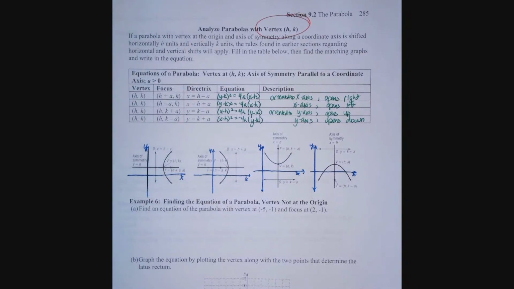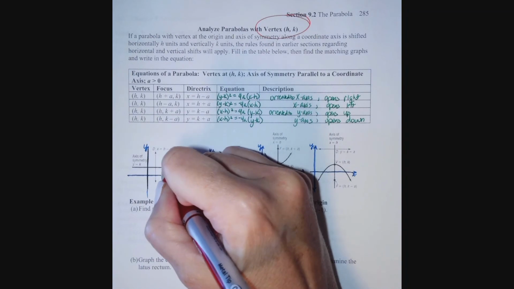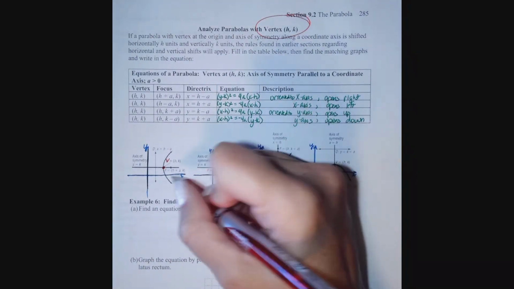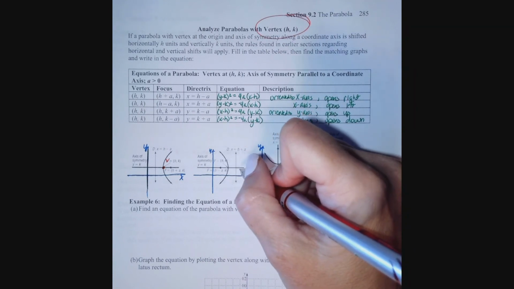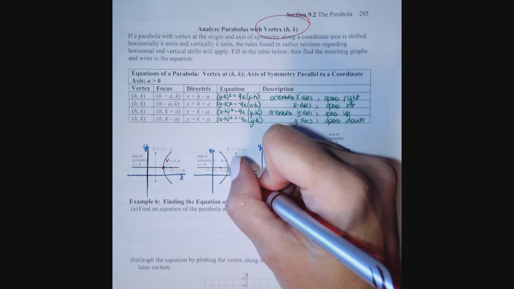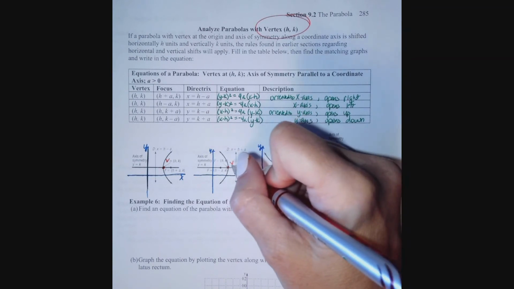Okay, I have 4 different equations for parabolas where the vertex has been moved away from the origin. Here my vertex is up there in the right, in the first quadrant. Here my vertex is in the first quadrant still, but I am facing back to the left.